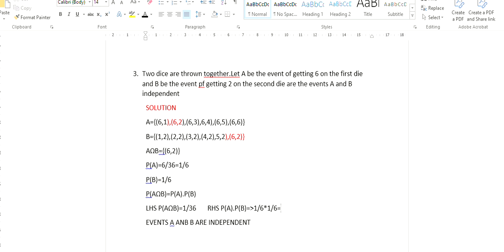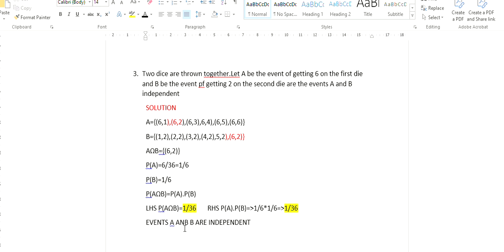So that is also equal to 1 divided by 36. So LHS and RHS are similar. This is 1 by 36, and this is also 1 by 36. So both are equal, so it is proved that events A and B are independent.